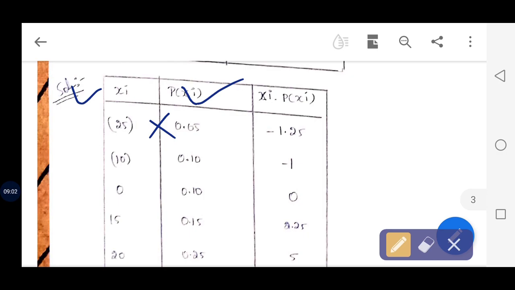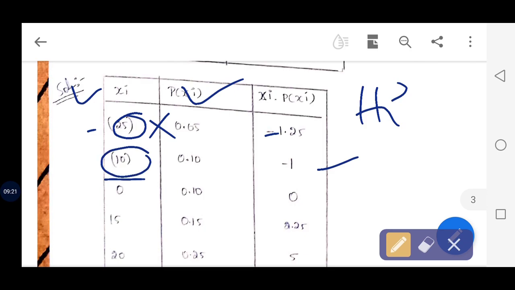25 into 0.05 is 1.25. As this is a minus value, put a minus sign here, because this is the higher value, we have to take its sign. Next, this is minus 10, 10 into 0.10 is 1, again we should take its sign, that is minus 1.